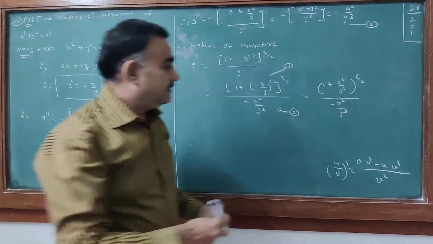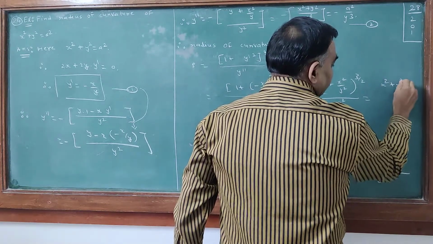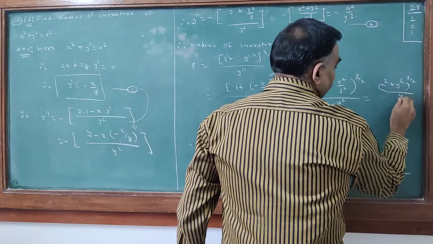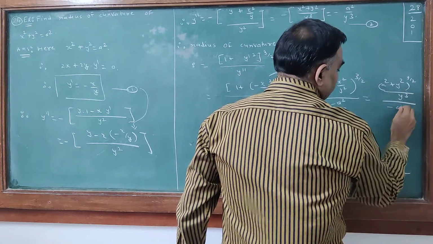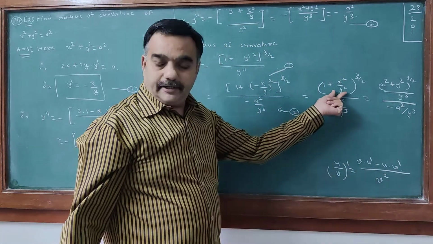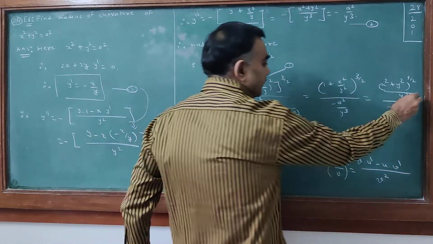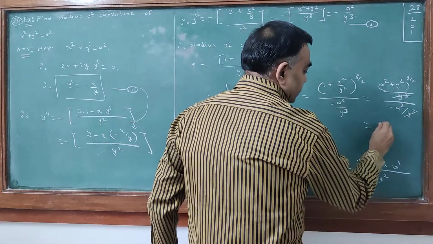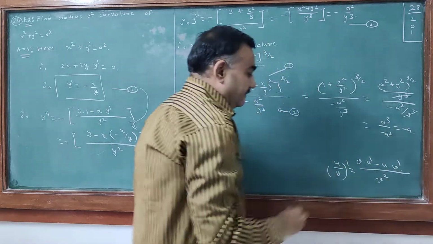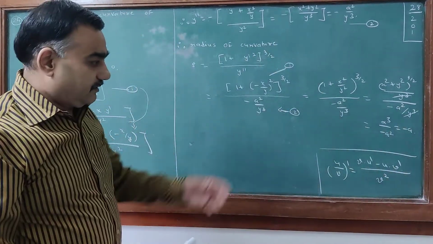Now this is equal to x square plus y square raised to 3 by 2 upon y cube. Actually it is y square, but raised to 3 by 2 will give you y cube. So we can cancel out both y cube. So this is equal to a cube upon minus a square, and therefore value is minus a.